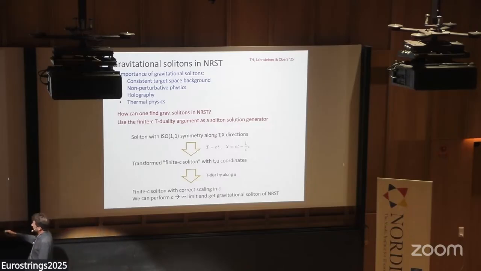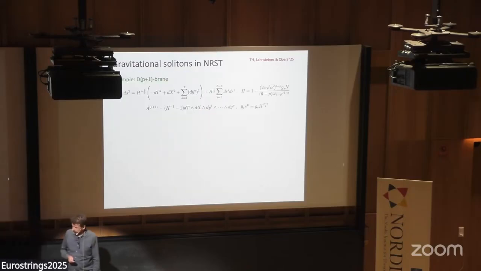Then we do this coordinate transformation that was also on one of the first slides, and we do a T-duality after the coordinate transformation. Then we should get a finite c soliton that should have the correct scaling in c, this parameter we take to infinity. And then we finally take c to infinity, and we should get the gravitational soliton. This works quite well, at least in some cases.